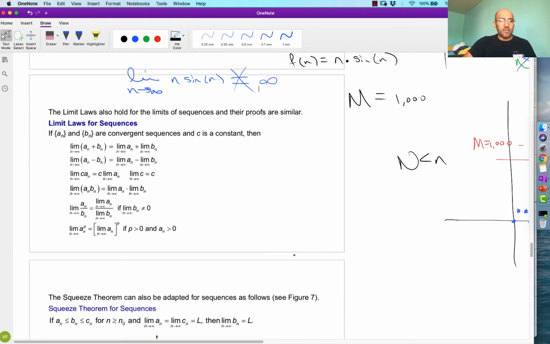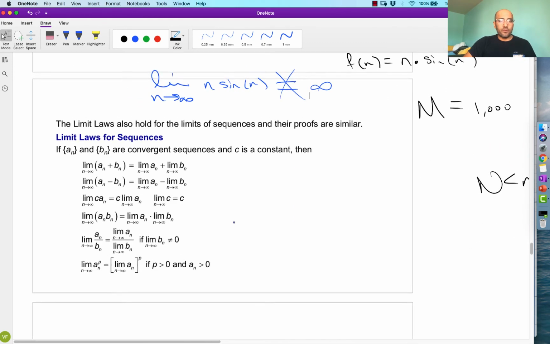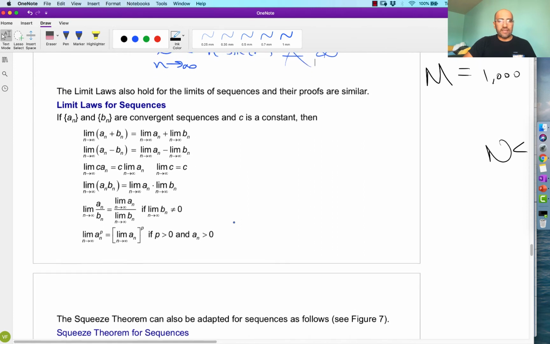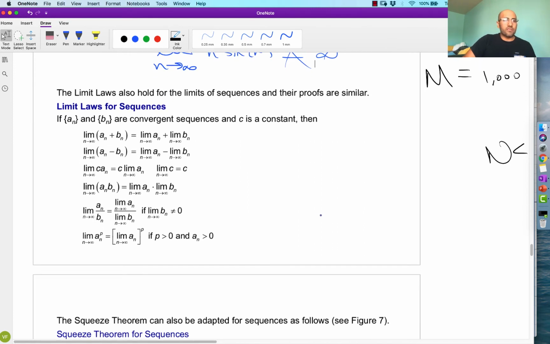Okay, laws of sequences. These are useful applications of laws of sequences, and again, in the homework, we'll see how we can use these. So if the sequences A sub n and B sub n are convergent sequences and C is some constant, then the limit as n goes to infinity of A sub n plus B sub n is equal to the limit of A sub n plus the limit as n goes to infinity of B sub n, right?